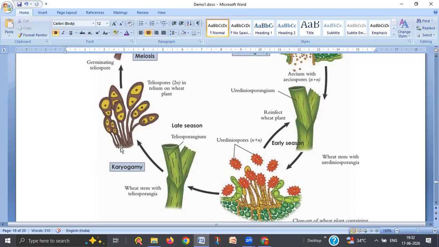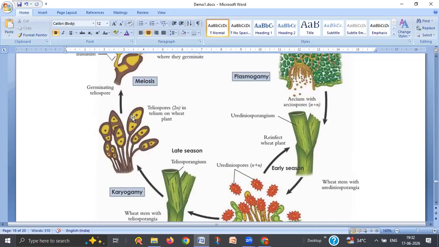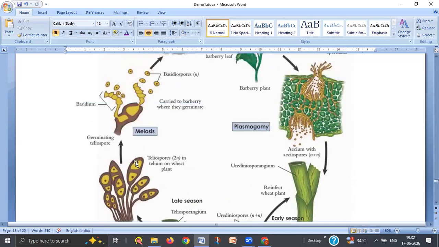Next, they form the teleutal stage and produce teleutospores. Each teleutospore has two nuclei, one plus, another minus. They fuse together, and after the fusion, they produce 4 basidiospores after meiosis. So this is the sexual stage.